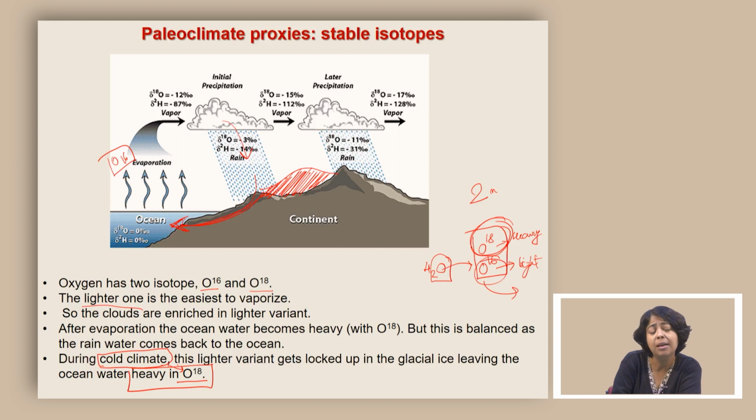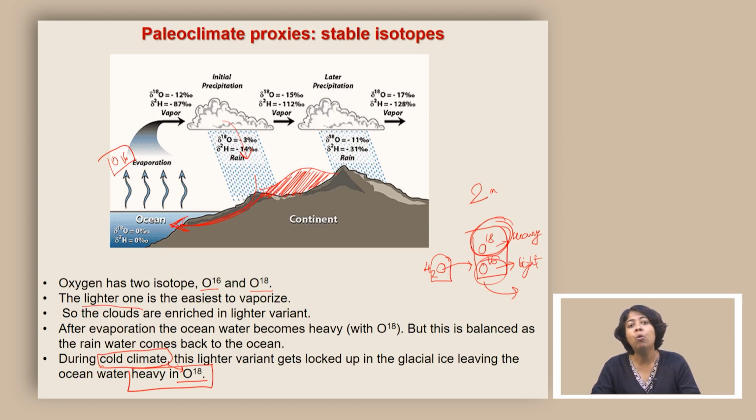Now, the question is how do we know about the ocean water? The ocean is a large reservoir, it gets mixed always. So, it is not so easy to know what was the ocean water of, let us say, a past time. You cannot really separate out the water of today from the water that is recycling maybe for the last 5 million years.